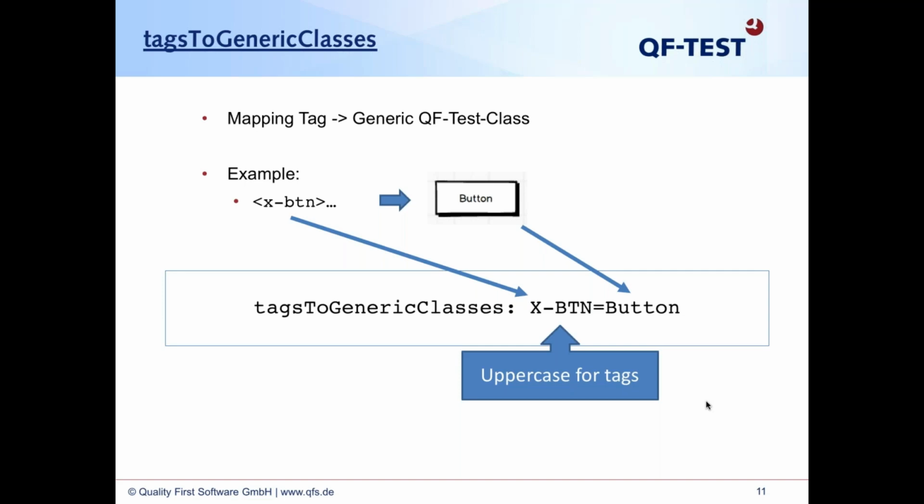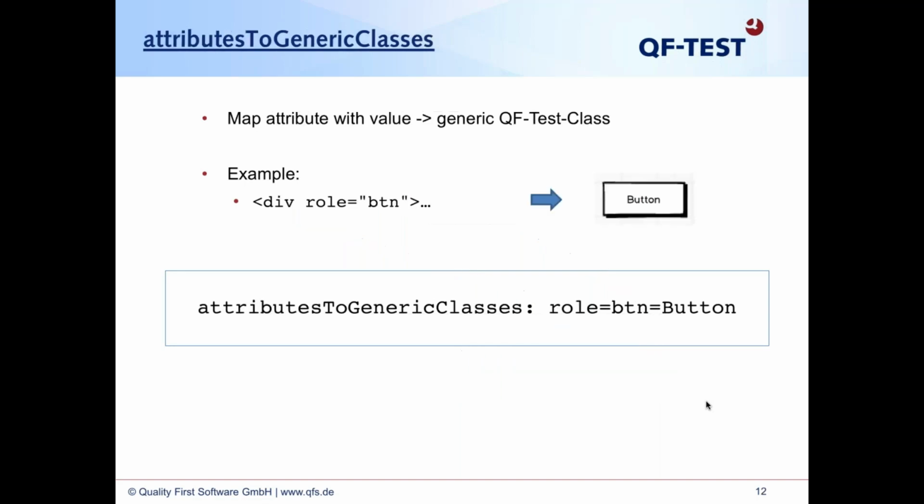I've already said that sometimes you don't want to use the CSS classes directly, but any other HTML attribute, like the role attribute or anything else. Therefore the attributes to generic classes parameter is interesting. Here we have the case where we have an element, again a div element, with an attribute named role and the value btn.